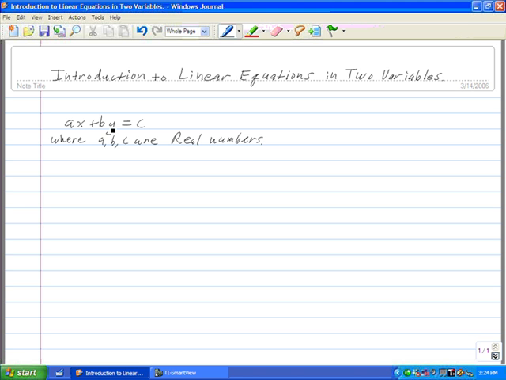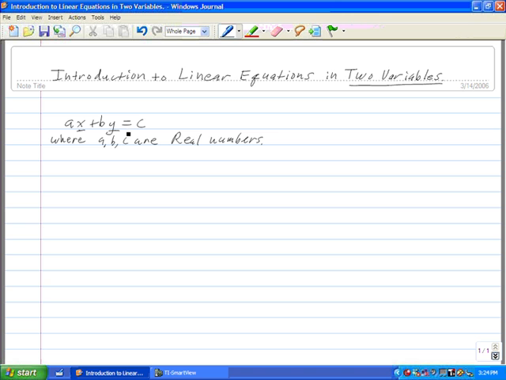Since we're stating that they are real numbers, your a, b, and c are going to be constants. The variables, when we speak of linear equations in two variables, are the x and the y. For an equation to be considered a linear equation in two variables, it has to be capable of being written in this form.